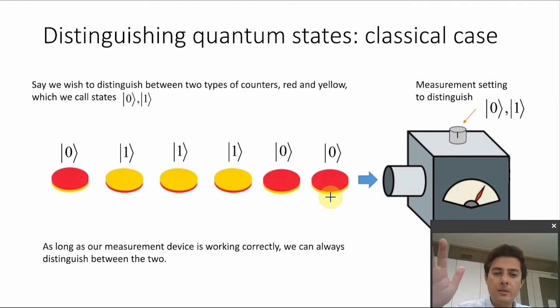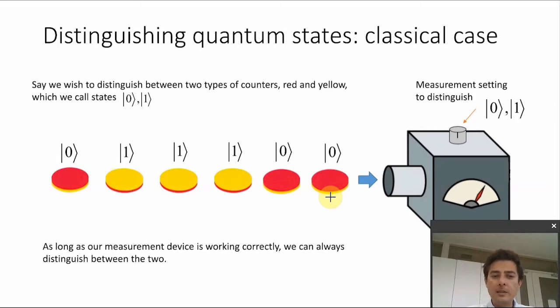Assuming I have the counters in my hand, I assume I will be able to tell the difference between the two sides. So, is this one red or is this one yellow, right?